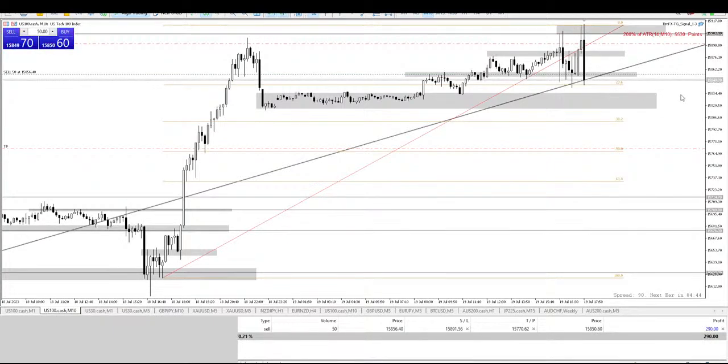I need to see a break under 23.6, and then I'll know for sure that this is probably coming down. So there's a pure scalp entry. No time to post it on Telegram because price is just moving too quick.